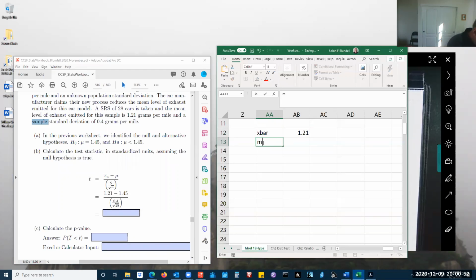My mu from the null hypothesis, we don't know mu. This is only from the hypothesis. So I'm going to make a little note here. It's unknown because we do not have access to the whole population.